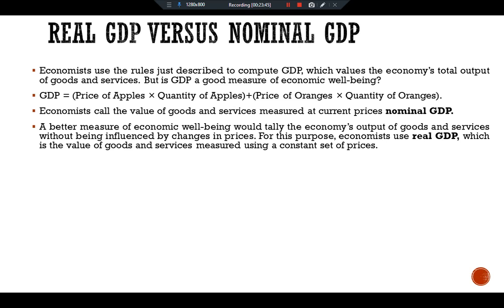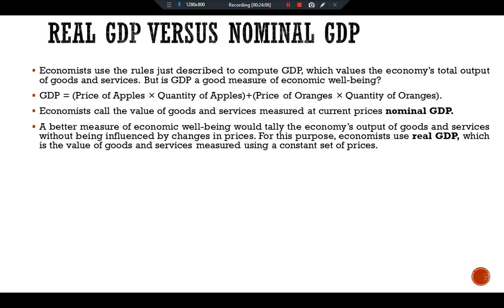Imagine we want to compare output in 2009 with output in subsequent years in our apples and oranges economy. We could begin by choosing a set of prices called base year prices, such as prices that prevailed in 2009.